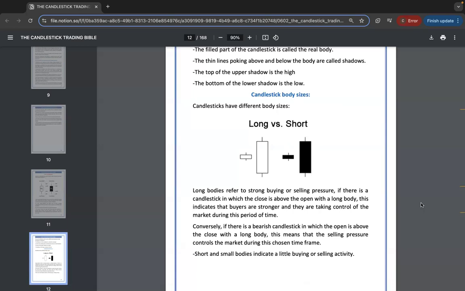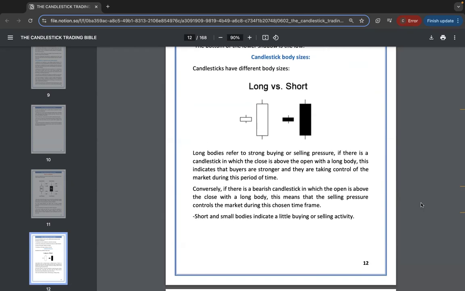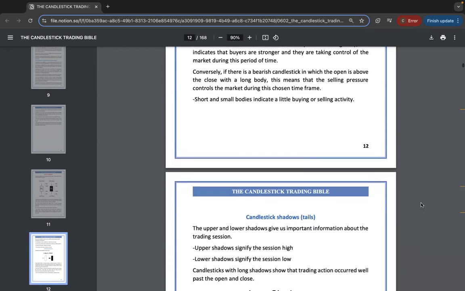Conversely, if there is a bearish candlestick in which the open is above the close with a long body, this means that the selling pressure controls the market during this chosen time frame. Short and small bodies indicate little buying or selling activity.